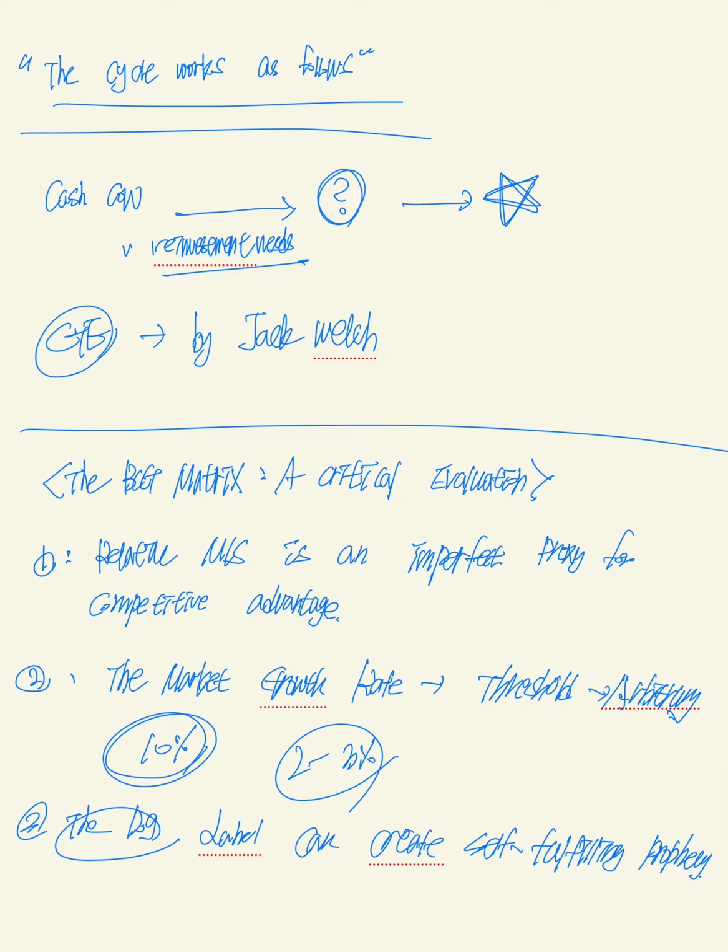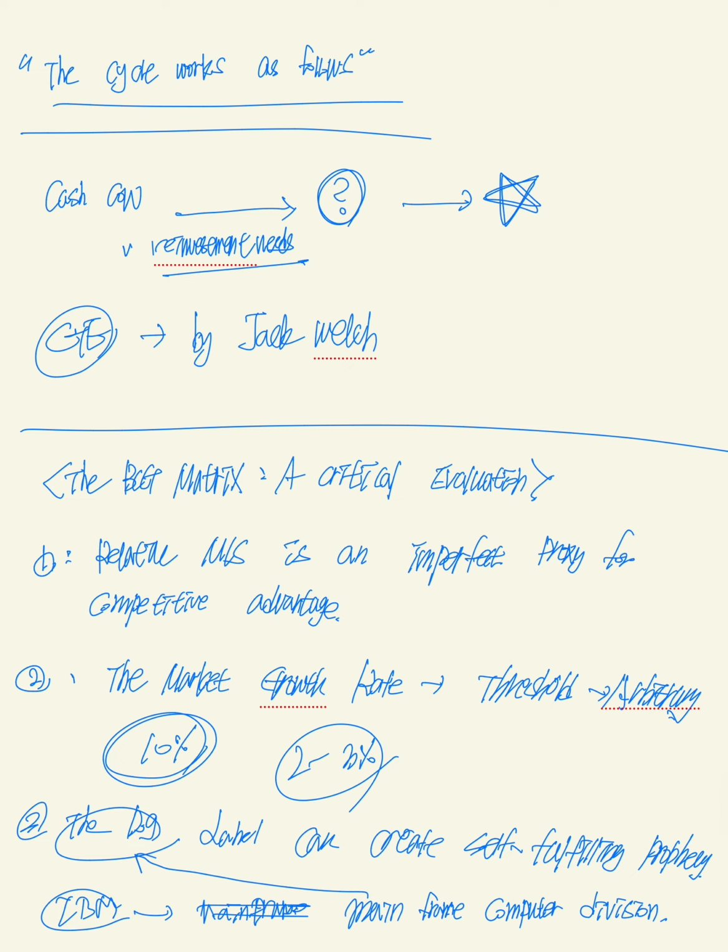So IBM, by the early 1990s, the mainframe computer division was widely labeled a dog, a legacy business in a rapidly declining market to be harvested and eventually divested.